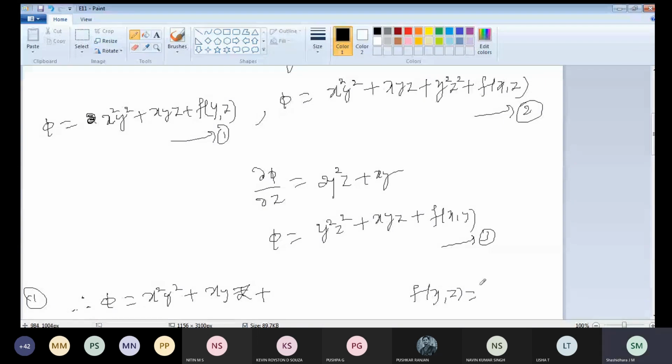In equation 3 also the same is there, so you can write it only once. So x square y square plus xyz plus y square z square is the correct answer. What about others? Did you get the same result? Yes, sir. Okay, and those who are not getting the answer can write it down.